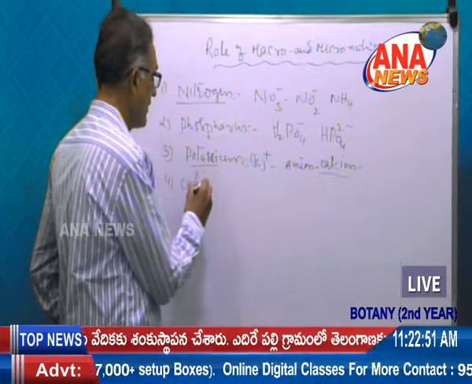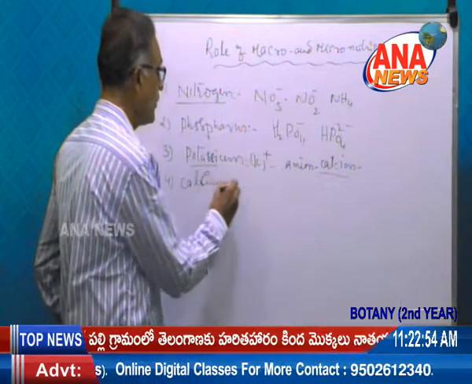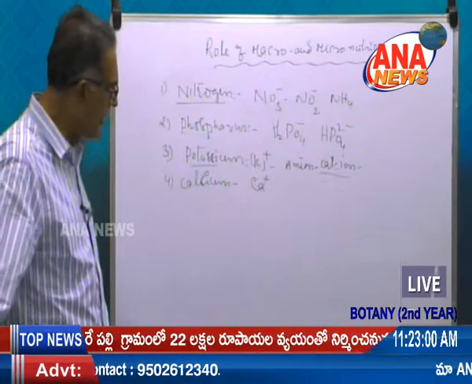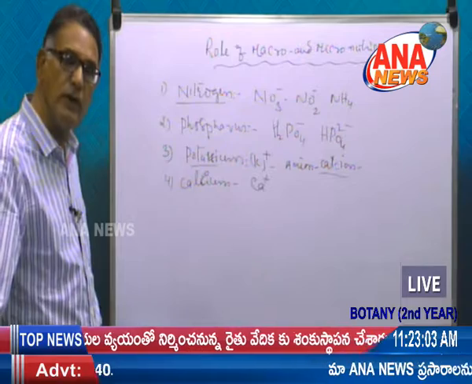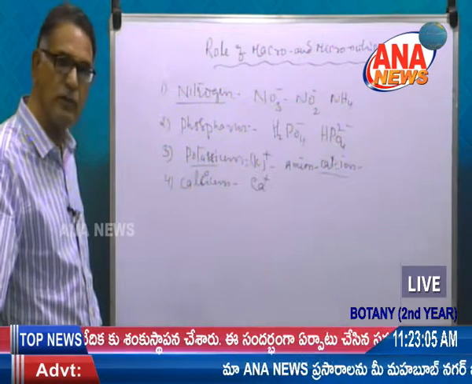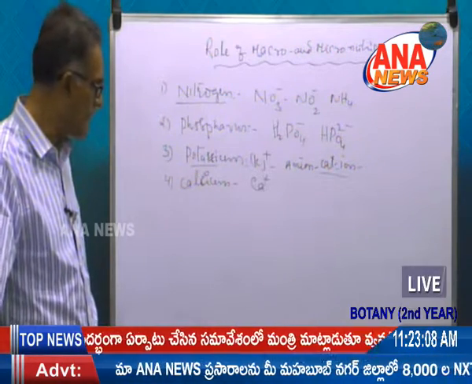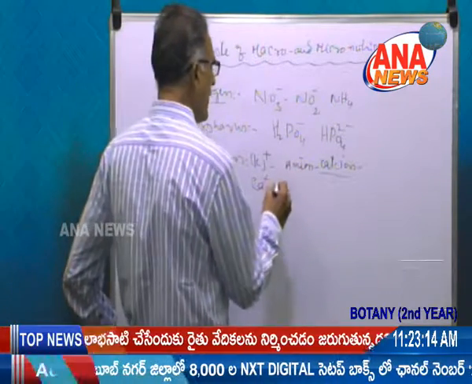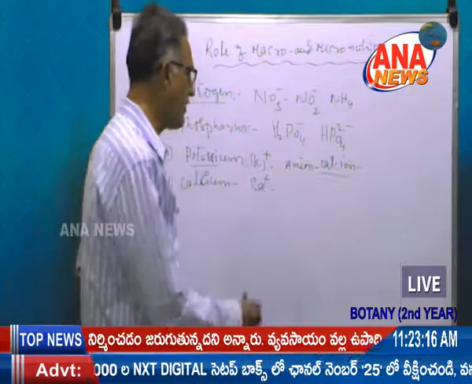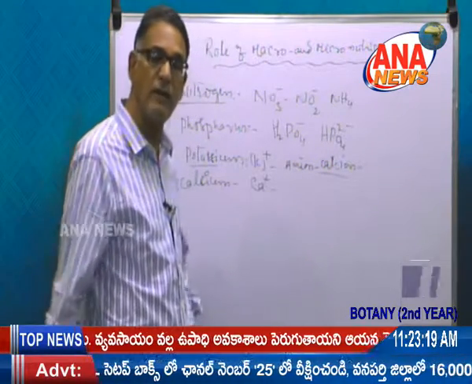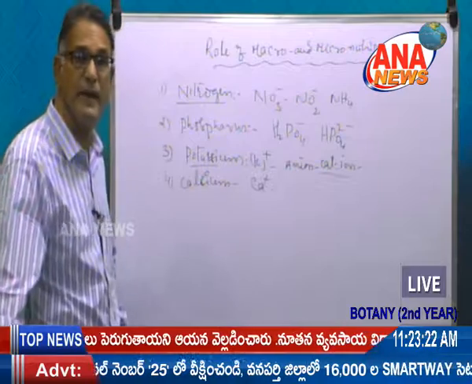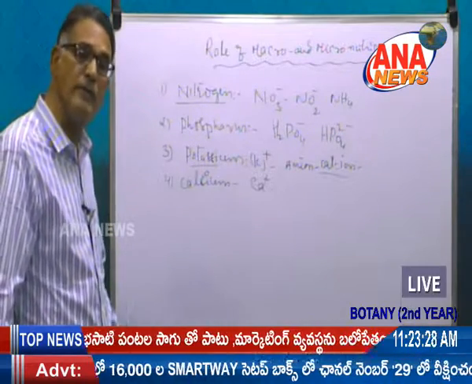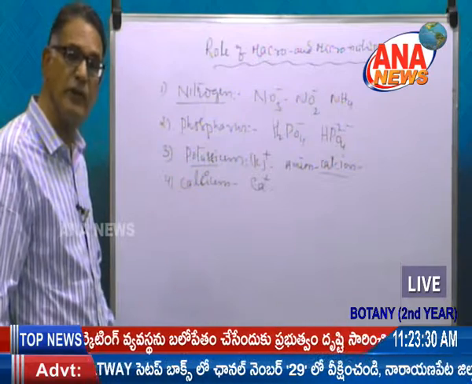Then calcium, which is absorbed as calcium ions. It is a major constituent in the meristematic tissue, differentiating tissues, and also in the root tip. Calcium is required for the synthesis of the cell wall, particularly in the form of calcium pectate as the middle lamellae, and also helps in mitotic spindle formation during cell division.